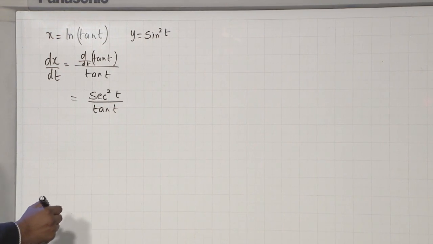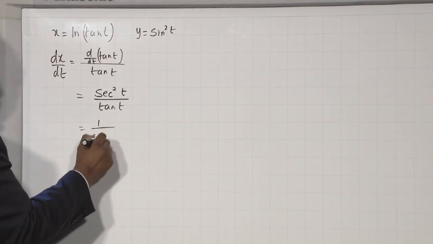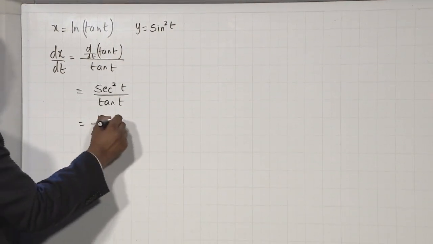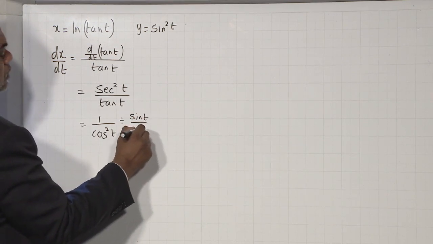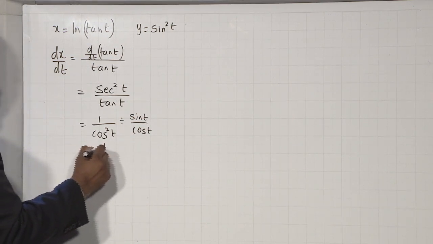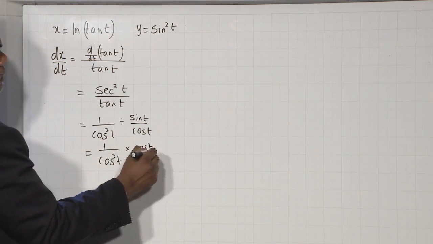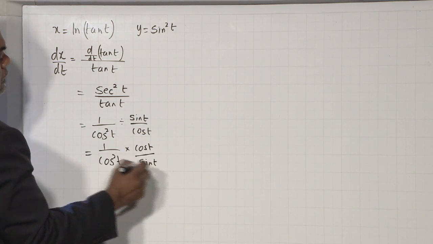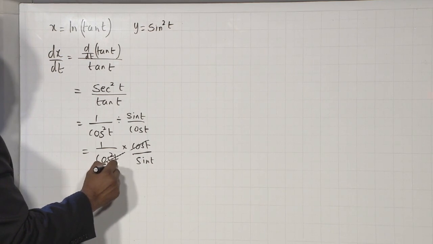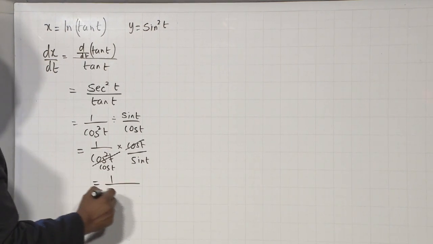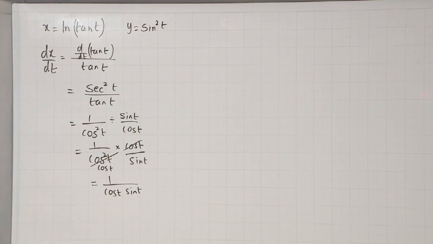You can simplify that further if you want. Sec squared is 1 over cos squared t, divided by tan t, which is sine t over cos t: 1 over cos squared t times cos t over sine t. This cancels, leaving 1 over cos t sine t.